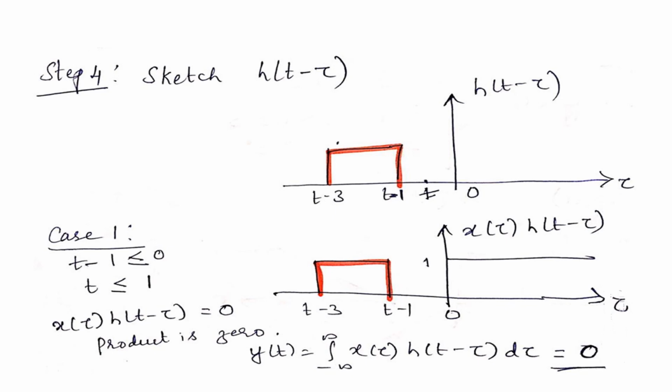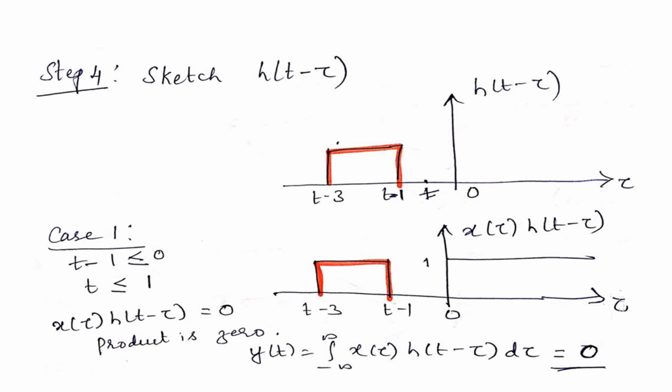So you see that when t minus 1 is less than or equal to 0, that is, when this edge is shifted to any limit which is less than or equal to 0, do we see a product between x of tau and h of t minus tau? This is our h of t minus tau. Do we see a product? No. So x of tau and h of t minus tau becomes 0.